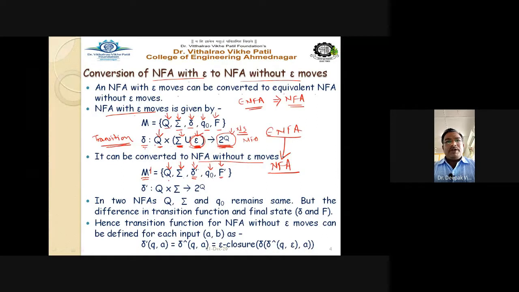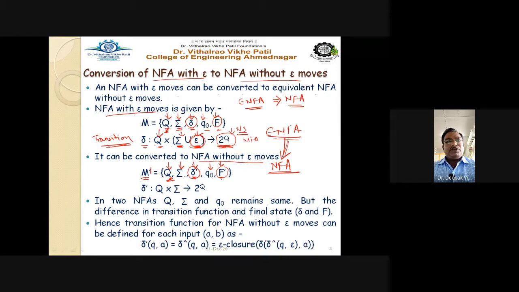Now here two parameters are being changed: delta dash and F dash. In case of ENFA it is delta, and the final states are F. But now they are changing. So the delta function changes to delta dash, and the F function changes to F dash. The remaining Q remains the same in both cases. The point to be noted is that when you convert this ENFA to NFA, Q remains the same, meaning the set of states remains the same.